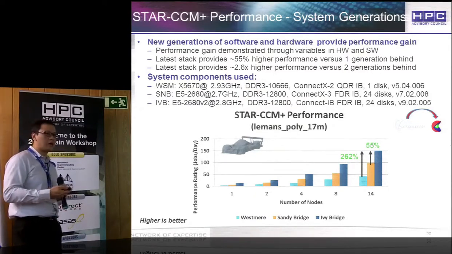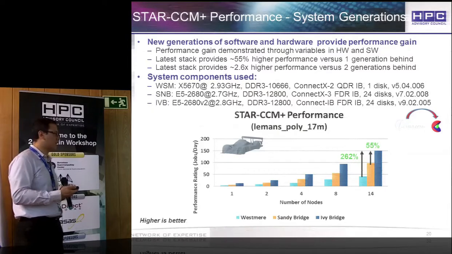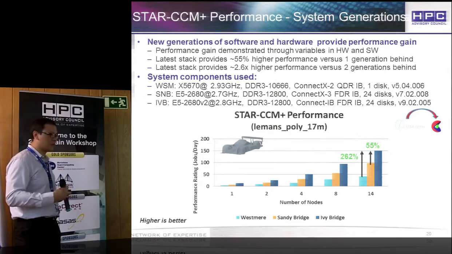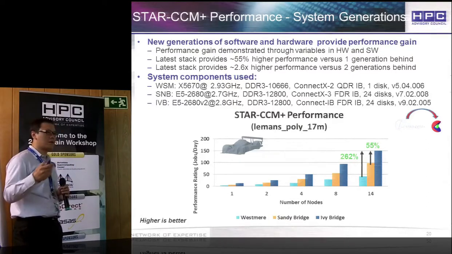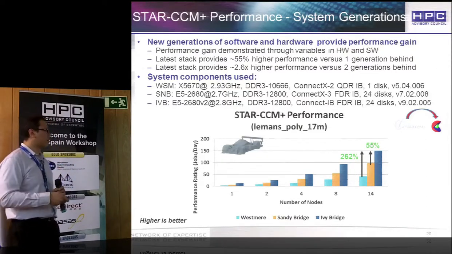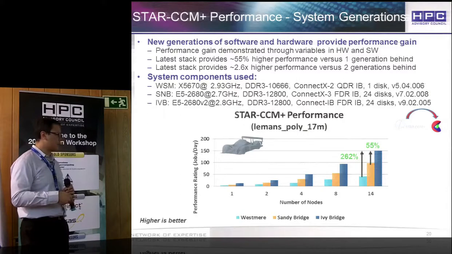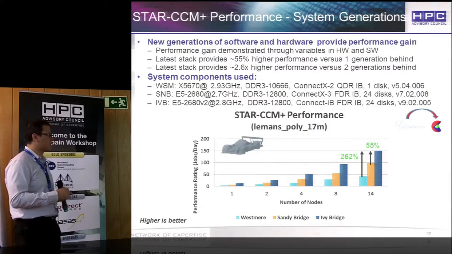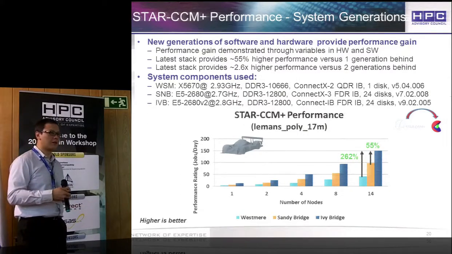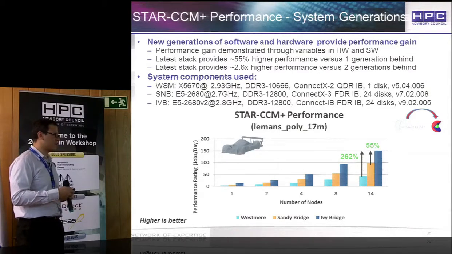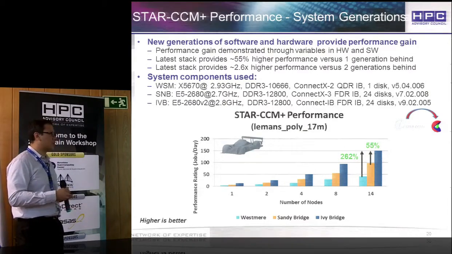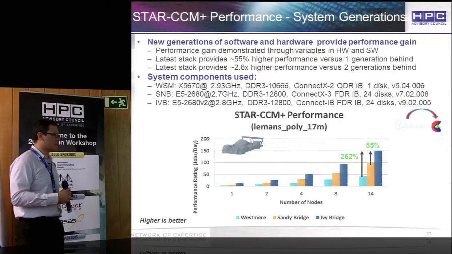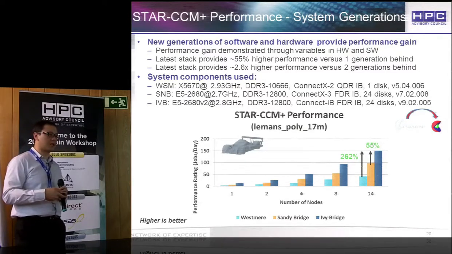I want to see how much improvement I actually get, for all these times that they come up with new hardware and new software. The Intel Westmere generation of the cluster, in my opinion, wasn't really that old, but the performance improvement from using the latest one is quite a lot.